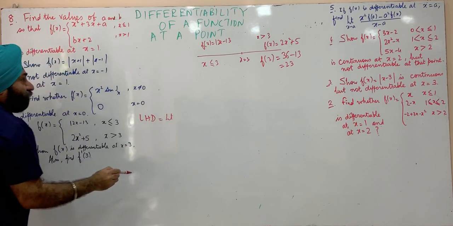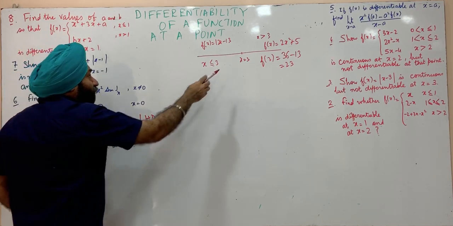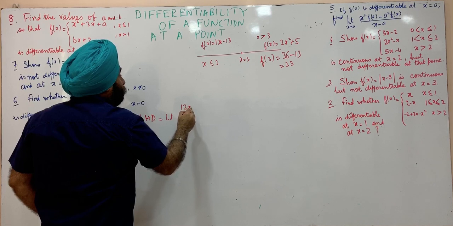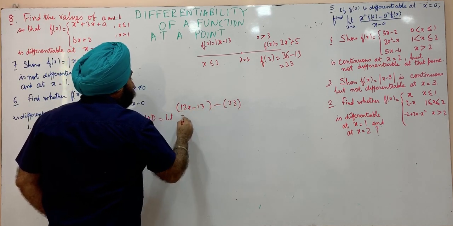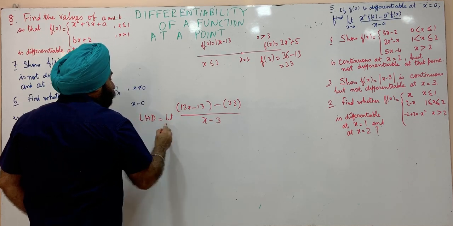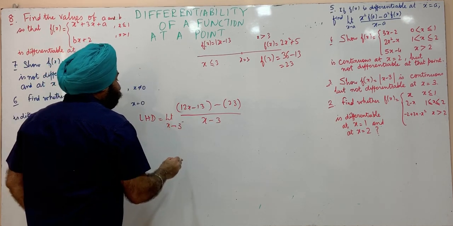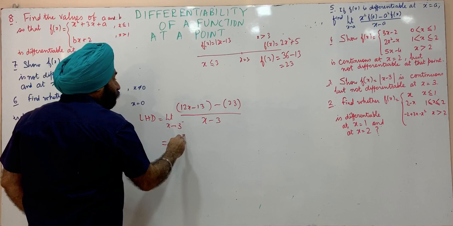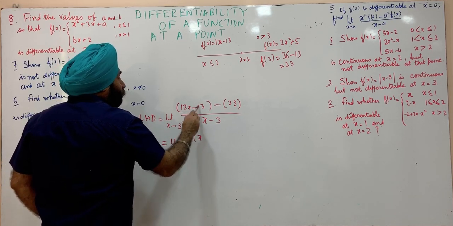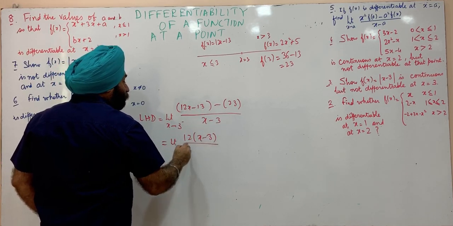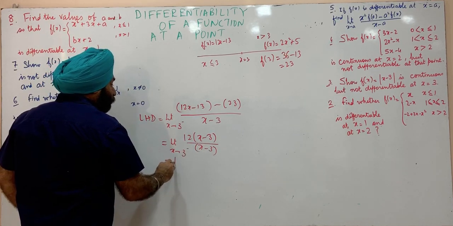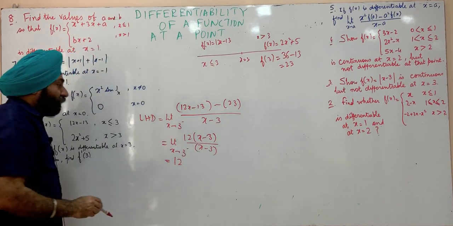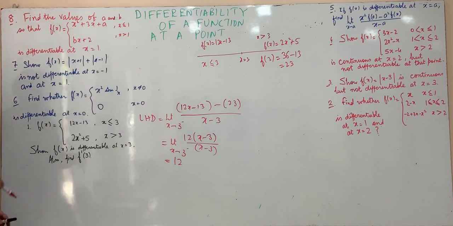This is the limit of the function. The function to the left of 3 is 12x minus 13, minus f of 3, which is 23, upon x minus 3 as x approaches 3 minus. This is the limit of 12x minus 36 upon x minus 3, that is 12 into x minus 3. As x approaches 3 minus, this will be 12, the x minus 3 will cancel out. So the left hand derivative is 12. You can see if we differentiate this function, it's again 12.